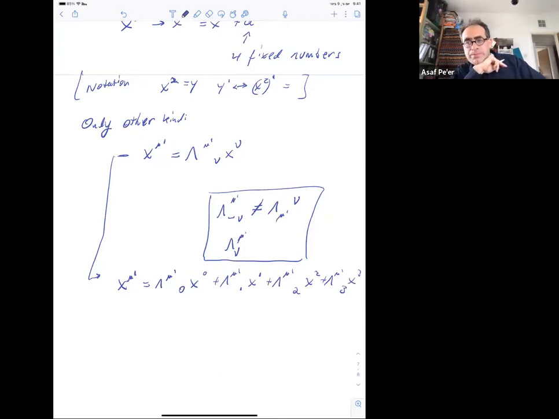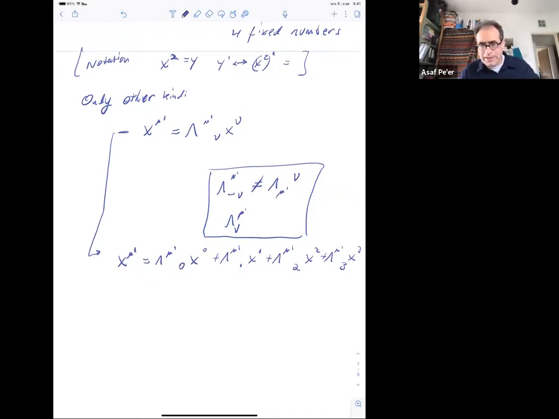That's what's written here. You see that? Now I can also write it as x prime equals lambda x, but I'm not going to do that because I don't want to confuse you too much.